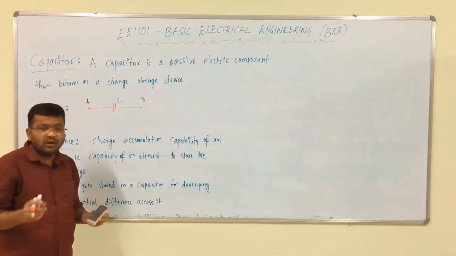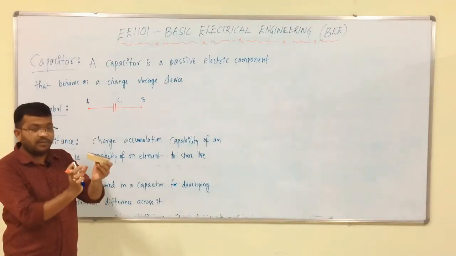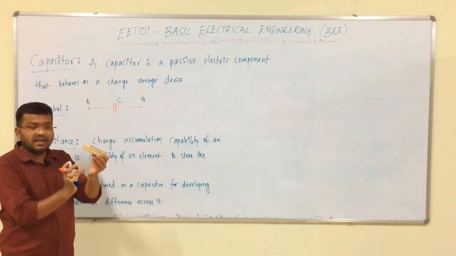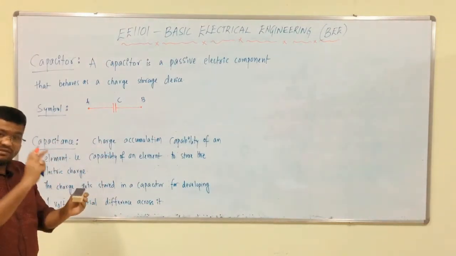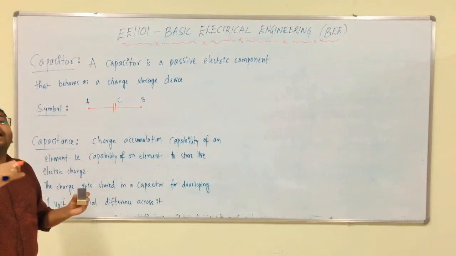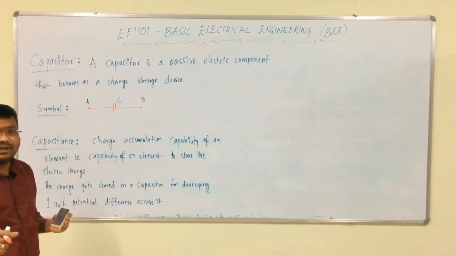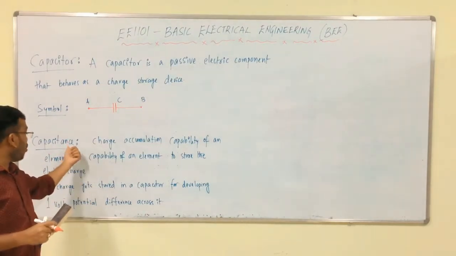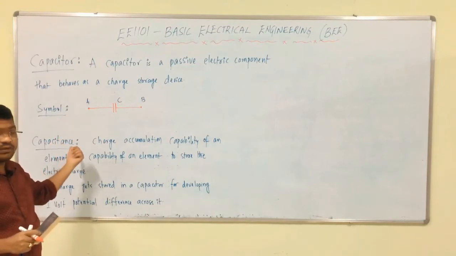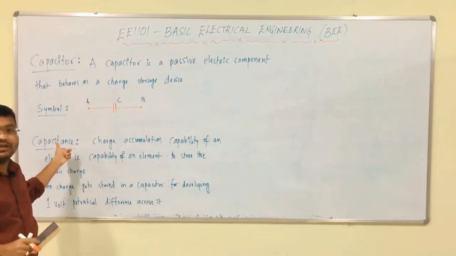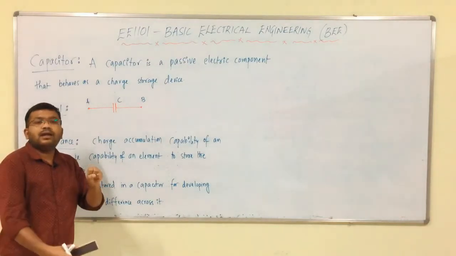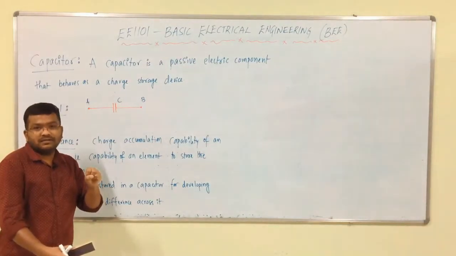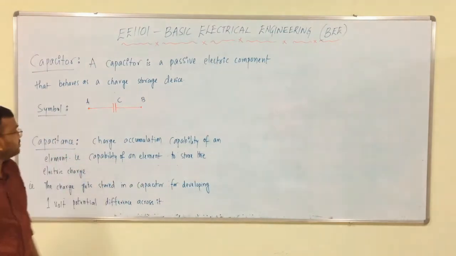When you provide a potential difference of, for example, 1 volt across this device, it has the capability to store electric charge. So it has the capacity to store that electric charge when you provide potential across it. That is the meaning of capacitance.